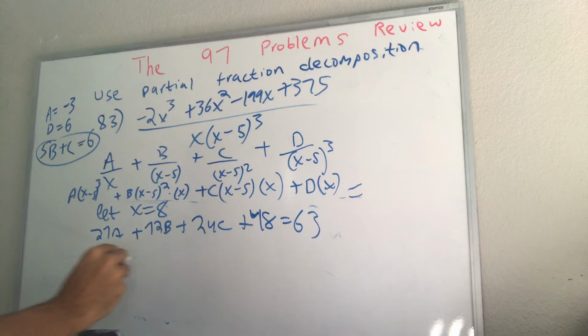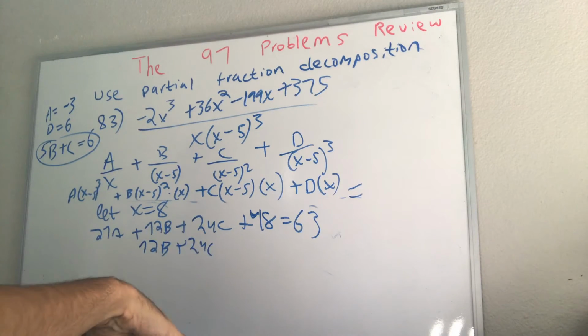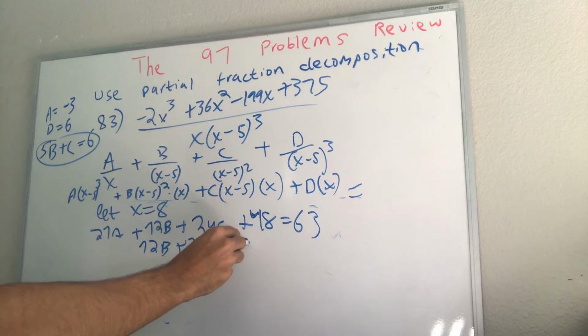So we're going to be left with 72b plus 24c, right? So I can just do that. So we can subtract 48 from 63, right? So we get obviously 15, and then we have a negative 81 here, and we want to add that 81. So we're left with 72b plus 24c is equal to 96.